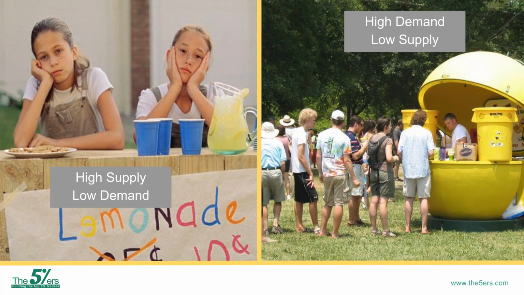That explains the rules of supply and demand. If you have high supply with low demand, price will go down. If you have high demand with limited supply, then price may rise. Okay.